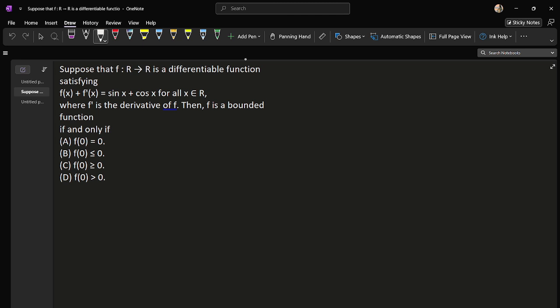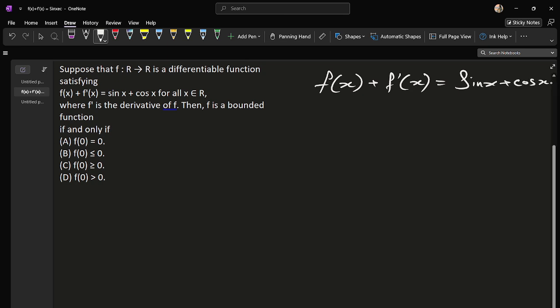Okay, so we are given the differential equation, which is f(x) plus f'(x) equals sin x plus cos x. We can write it in the form y' plus y equals g(x), where g(x) is sin x plus cos x, and y is f(x).